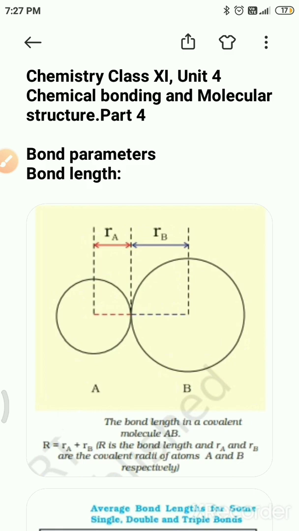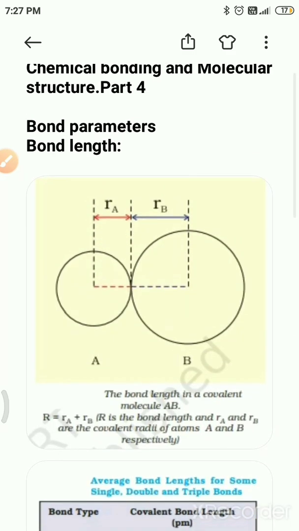The van der Waals radius is half of the distance between two similar atoms in separate molecules in a solid. The covalent and van der Waals radii of chlorine can be shown like this.